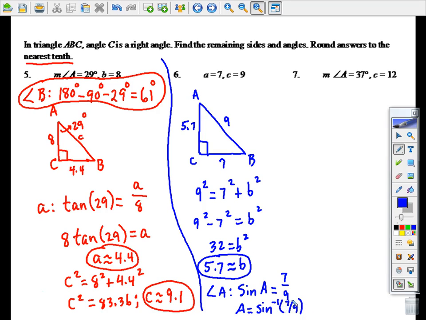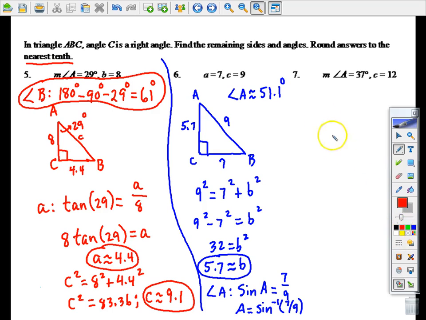So let's grab our calculator and do second sine, and 7/9 in the parentheses, and we get 51.05755, but we're rounding to the nearest tenth. So angle A rounded will be 51.1 degrees.